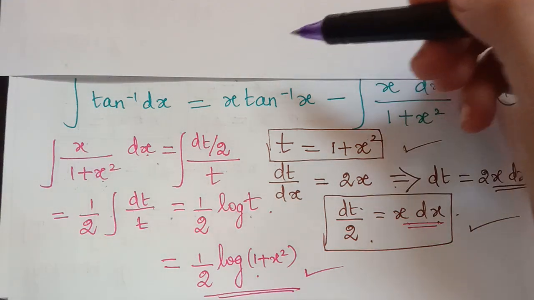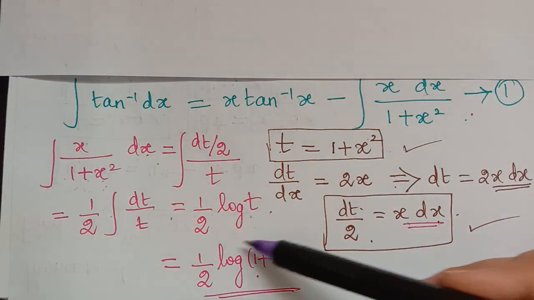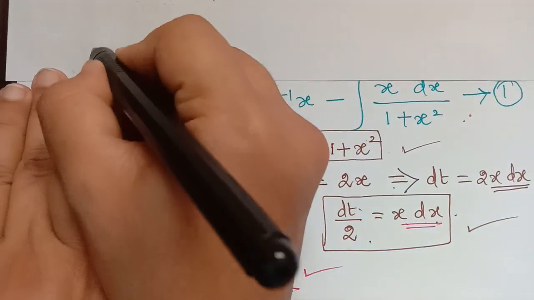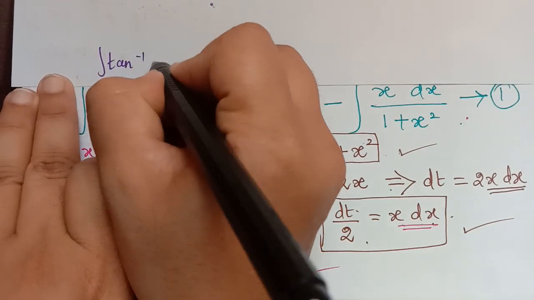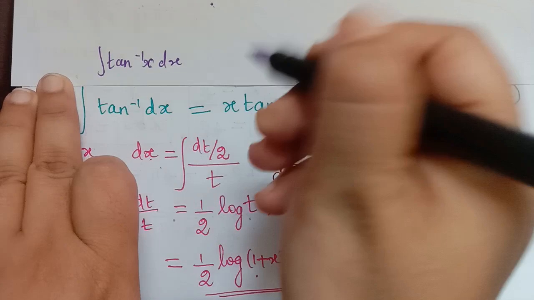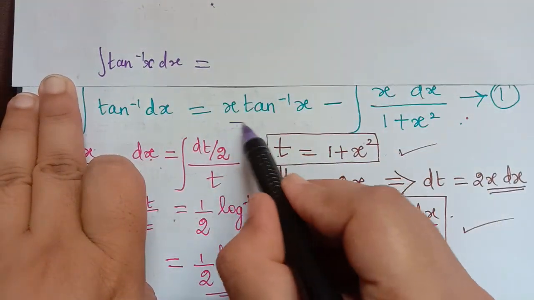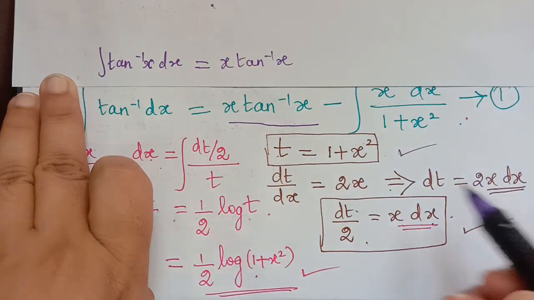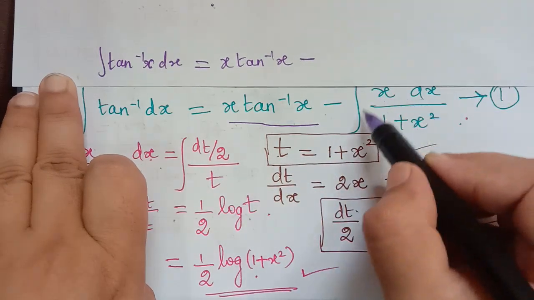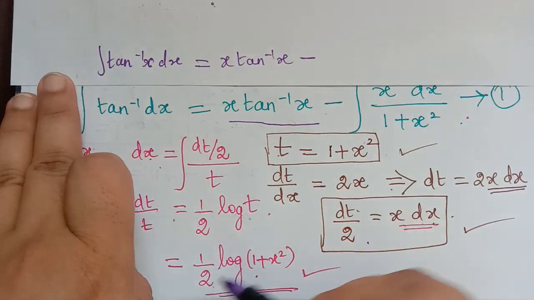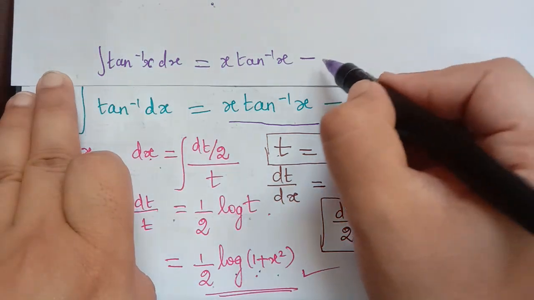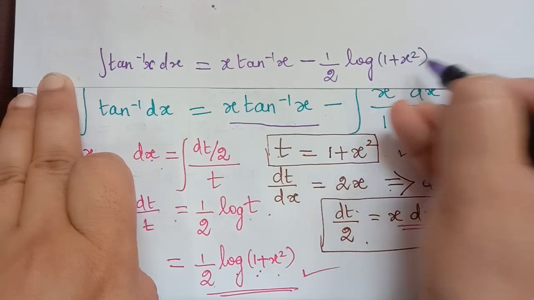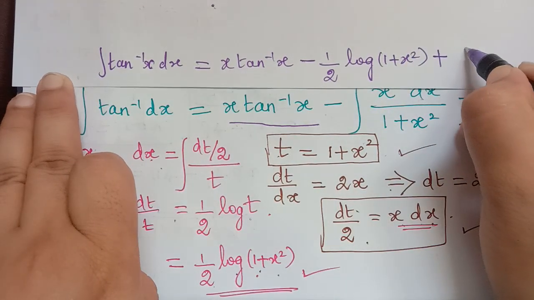After substitution in equation 1, the final answer will be: integral tan inverse of x dx is equal to, first we write x tan inverse of x, and then minus the solution we have obtained here, 1 by 2 log of 1 plus x square, and at last we have to add a constant of integration c.